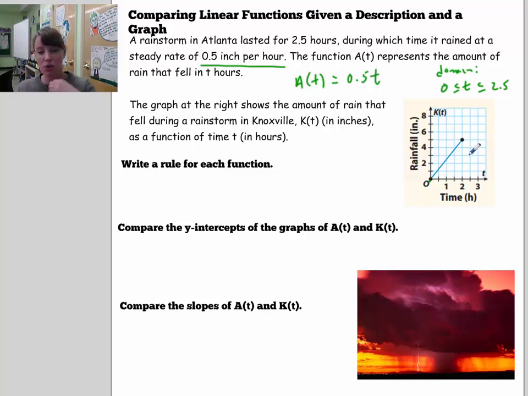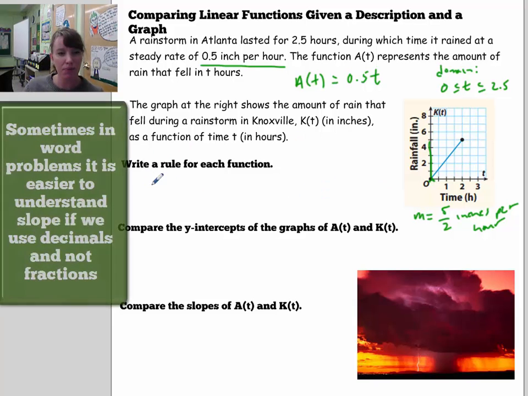And its function is going to be, let's see if we can find its y-intercept is 0. So what's its slope? This goes up 5 inches in 2 hours. So the slope, the rise, is going to be 5 over 2 inches per hour. Or that's another way of saying it, is 2.5 inches per hour.